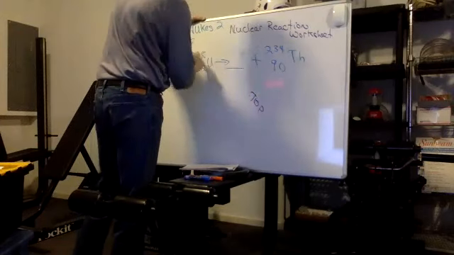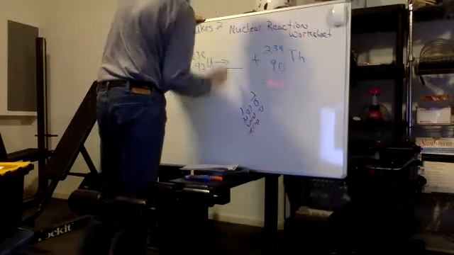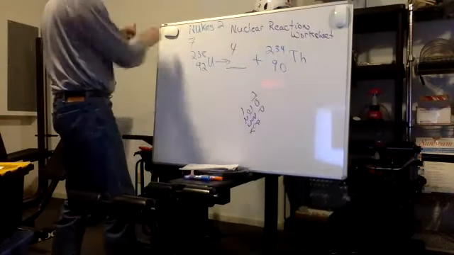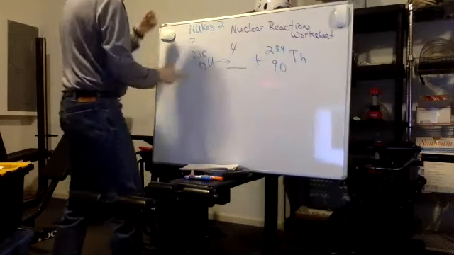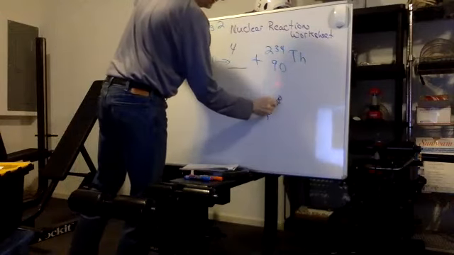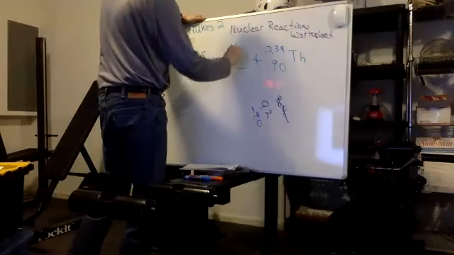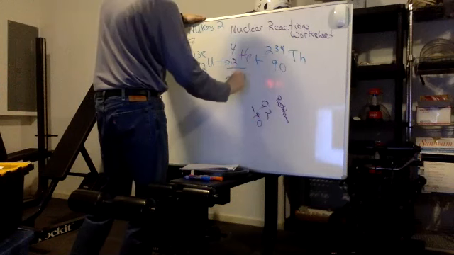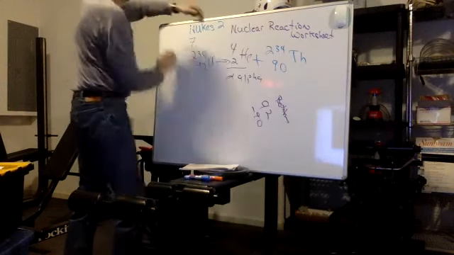I thought that was 234. 238 less 234 is 4 on the top. So there is a mass change. That's a game changer. And 92 on the bottom. 92 minus 90 is 2, and that's going to be an alpha in there.